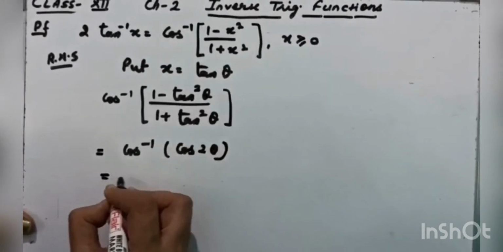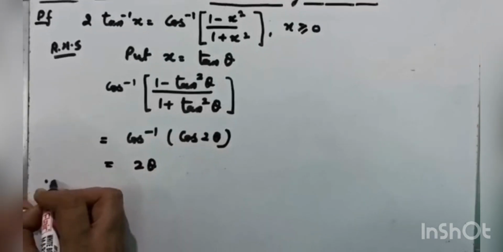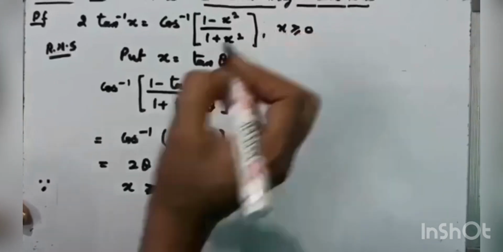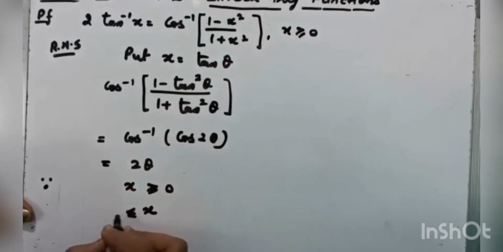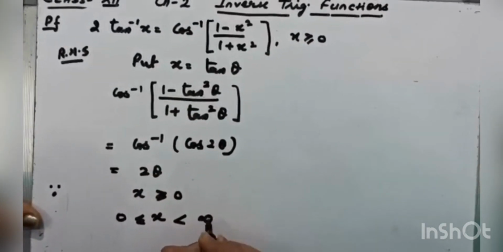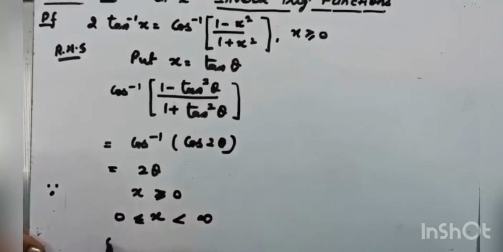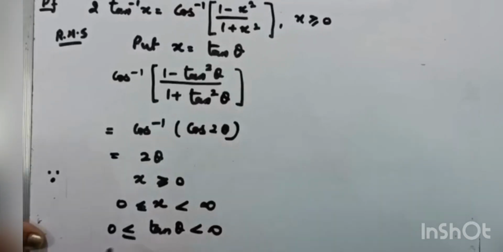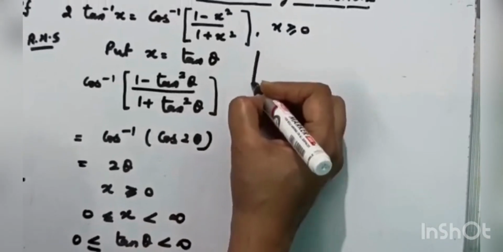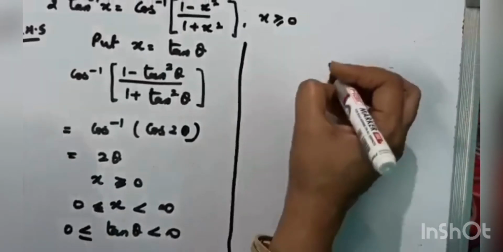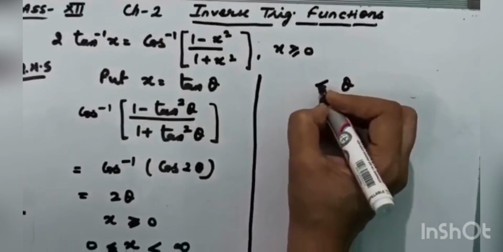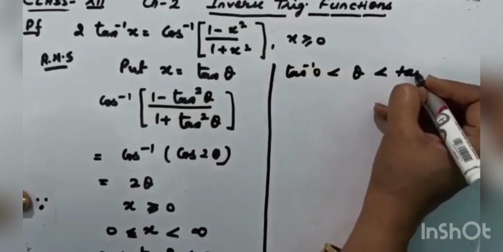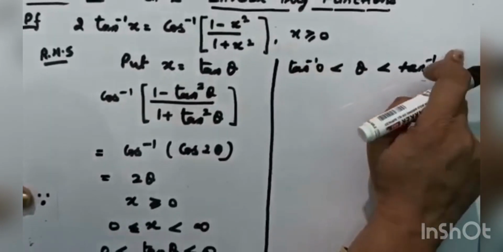Now this is equal to 2 theta because, as we know, x is greater than or equal to 0, as it is given. So this means x lies from 0 to infinity. Now what is x here? x is our tan theta. So theta is greater than or equal to tan inverse 0 and less than tan inverse infinity.